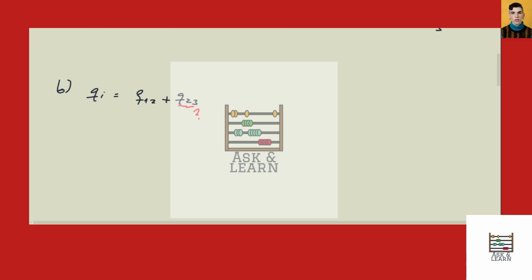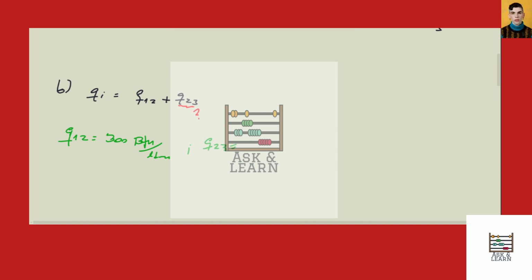Okay, what we know. First of all, we know that Q12 is equal to 300 BTU/lbm. Nice. Now what is Q23?